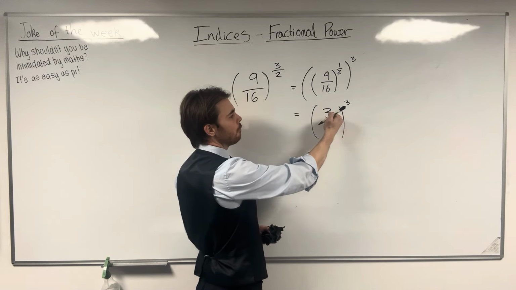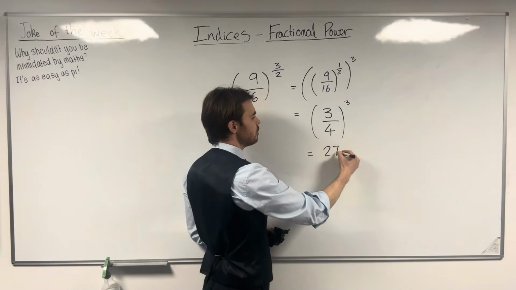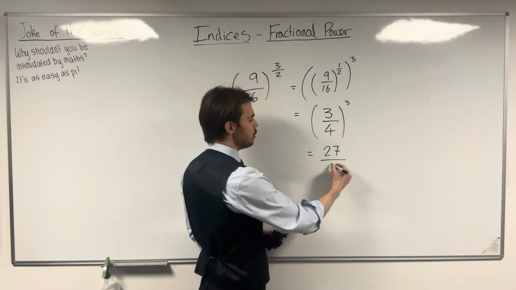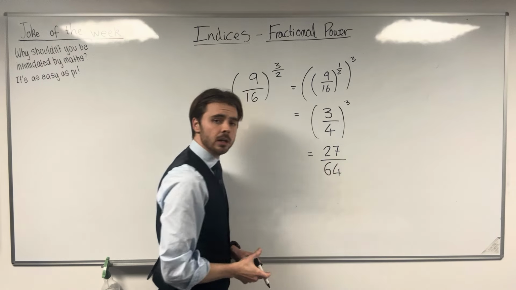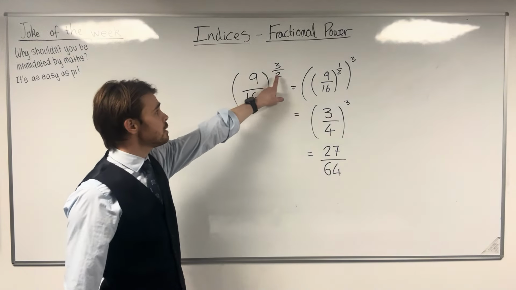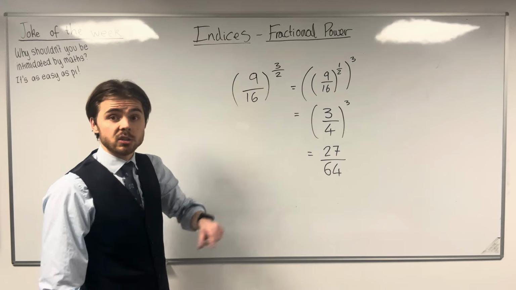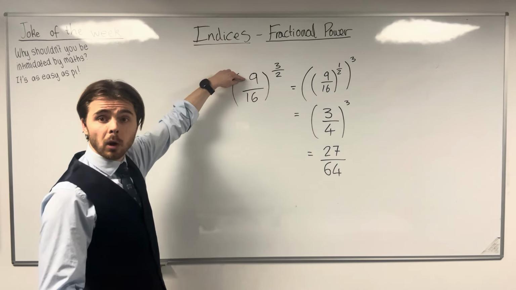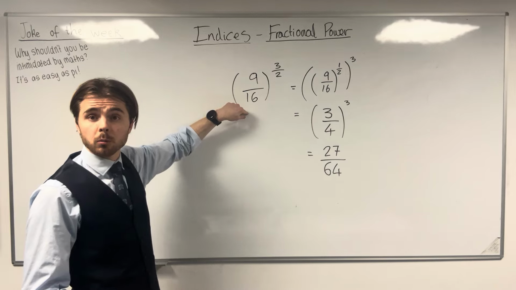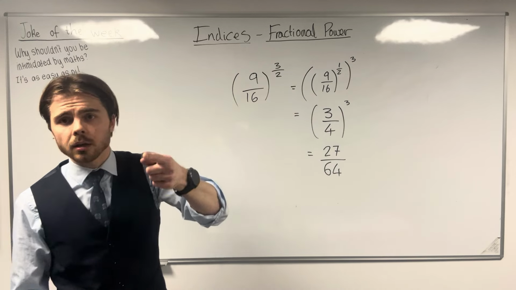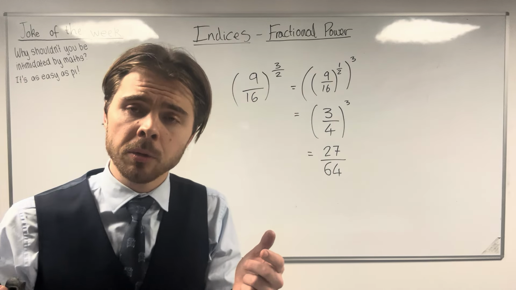So now 3 cubed is 27, and 4 cubed is 64. So don't freak out if you see these ones here, where you've got a fraction. It's just the same thing. You're just doing it to one number on the top, and then you're doing it to one number on the bottom. Okay, go find some fractional powers now.